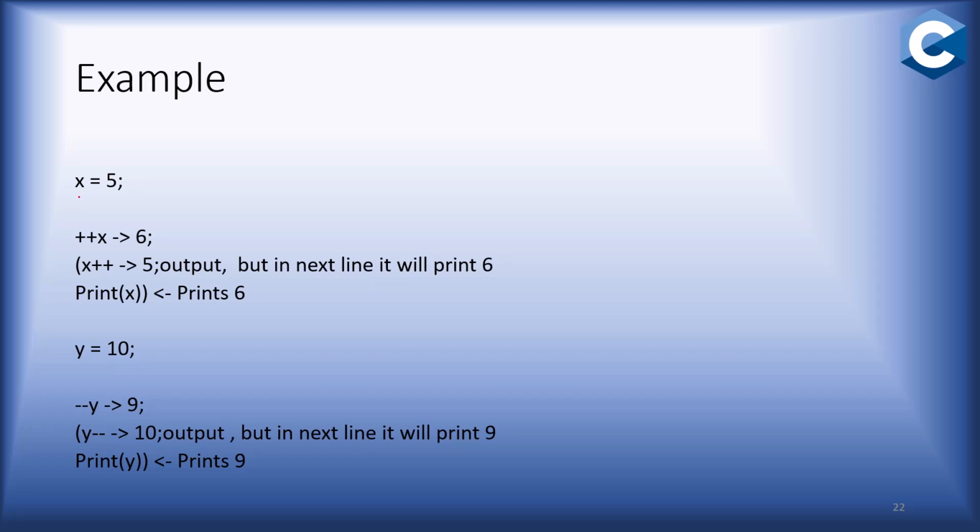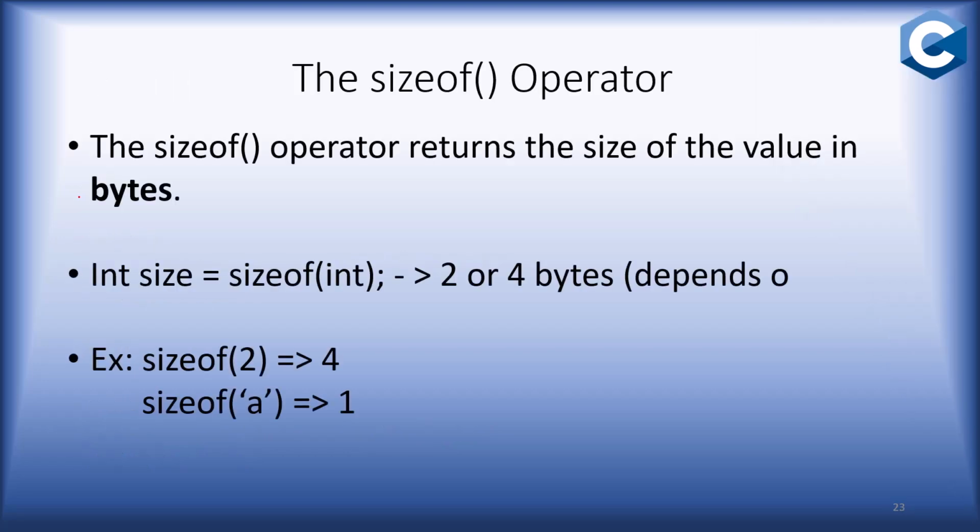Now, we're exploring a helpful tool in C programming called the sizeof operator. This operator, as the name suggests, tells us the size in bytes of any variable or data type. Look at this line: int size equals sizeof int. Here, sizeof is applied to the int data type itself.